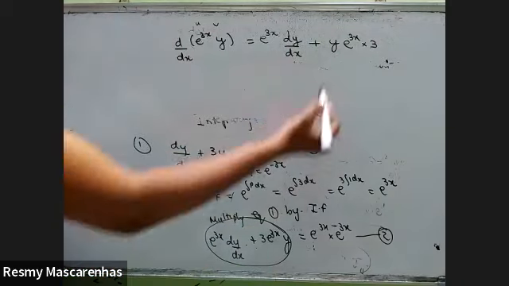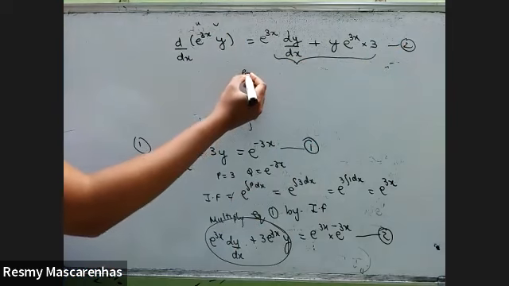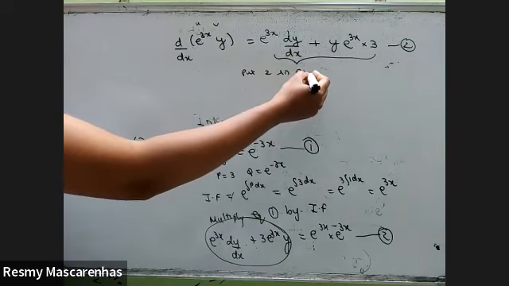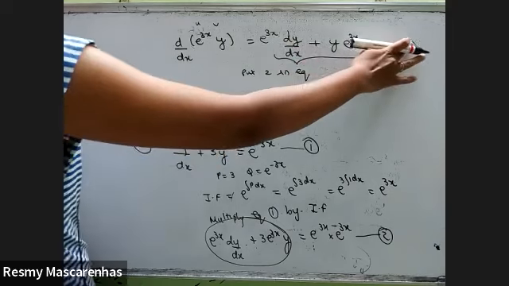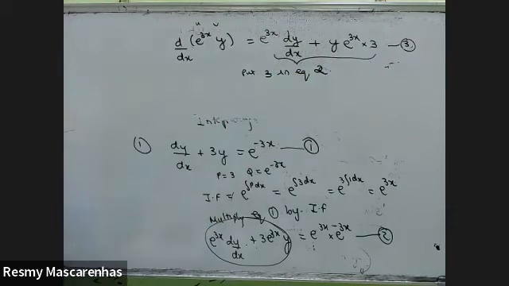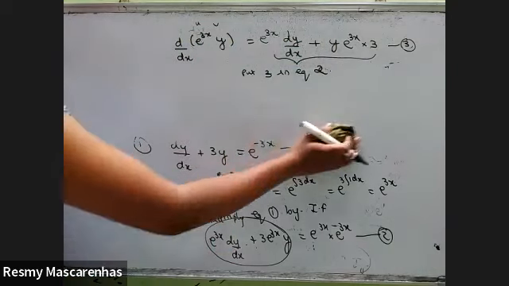Put this in equation 2. Instead of this, I have to put it here. So what is equation 2 going to become?